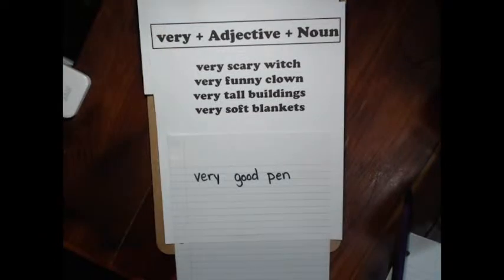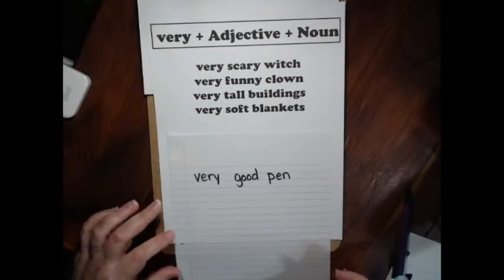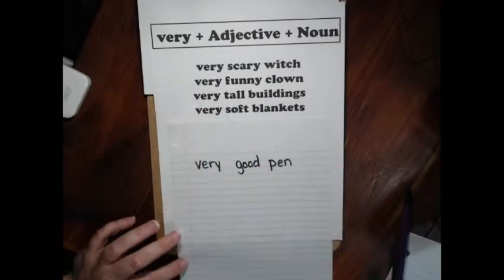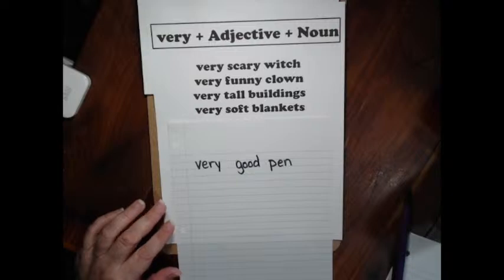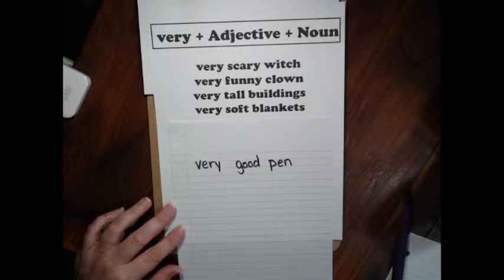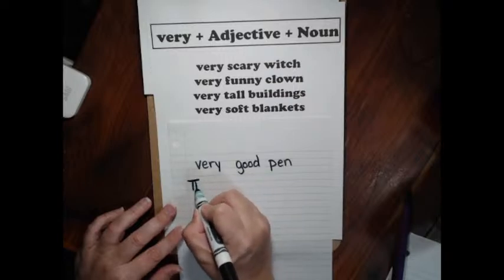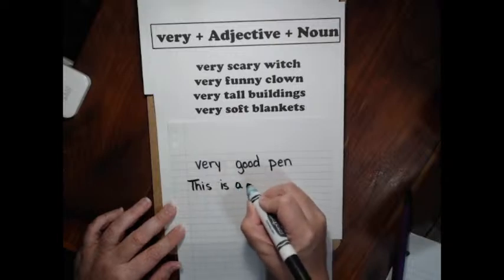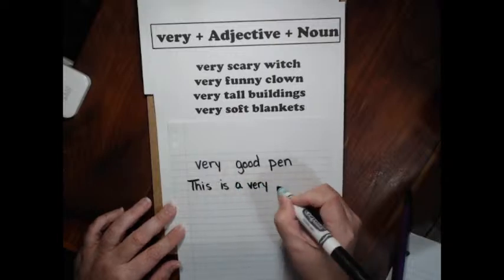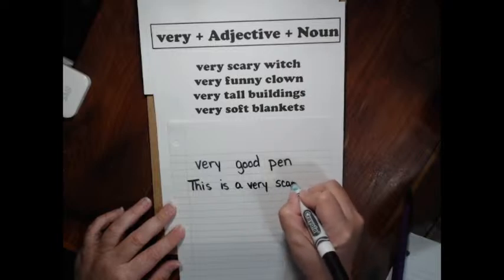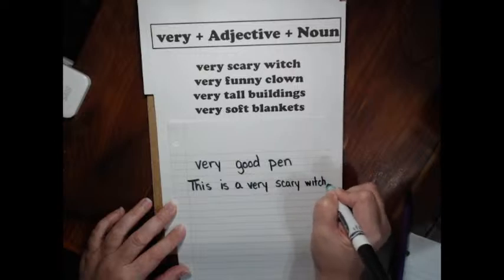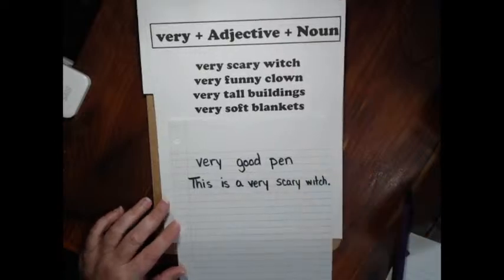So instead of very scary witch, which one am I going to use? This is or these are? Okay, we're talking about one witch, so it's going to be this is a very scary witch. Make sure you put your period at the end for a complete sentence.